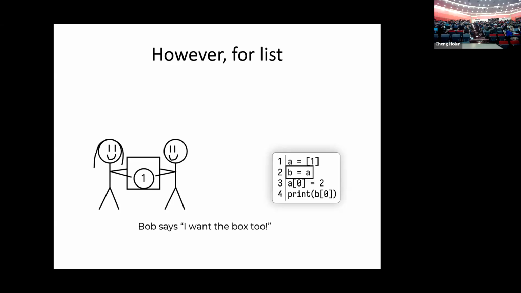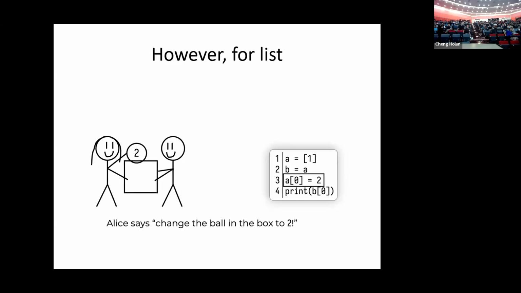And when I say, Alice, get your box, and the first entry changed to 2, what's happening? You change this one to 2, right? What happened to Bob's box? Also got changed. Okay? Bob has the same box. It's not another box. So if you simply assign a list to another, the key point is it won't duplicate the whole list to others unless you use copy, okay? Let's talk about copy later.